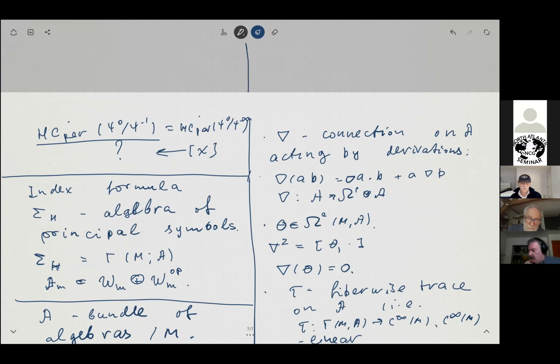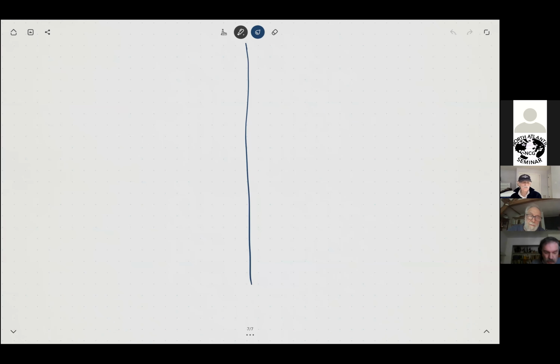So with this we can produce a map from the cyclic homology complex of the algebra of sections of A into the de Rham complex of M, just by a simple explicit formula. Let me call it T, hoping that it will not be confused with a vector field.